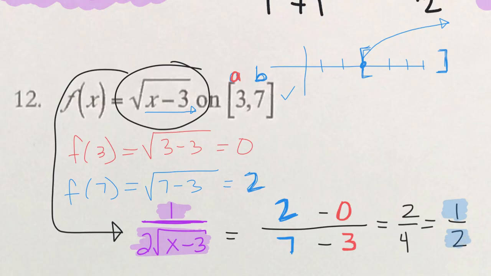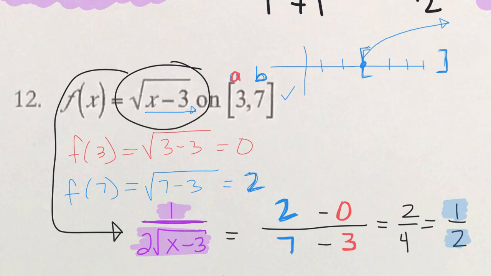So we want this fraction to be equal to that fraction. So check it out. Is the top equal? Yeah, that means the bottom has to be equal also. Okay, if my fractions need to be the exact same, that means this denominator of 2 root x minus 3 needs to be equal to just 2.